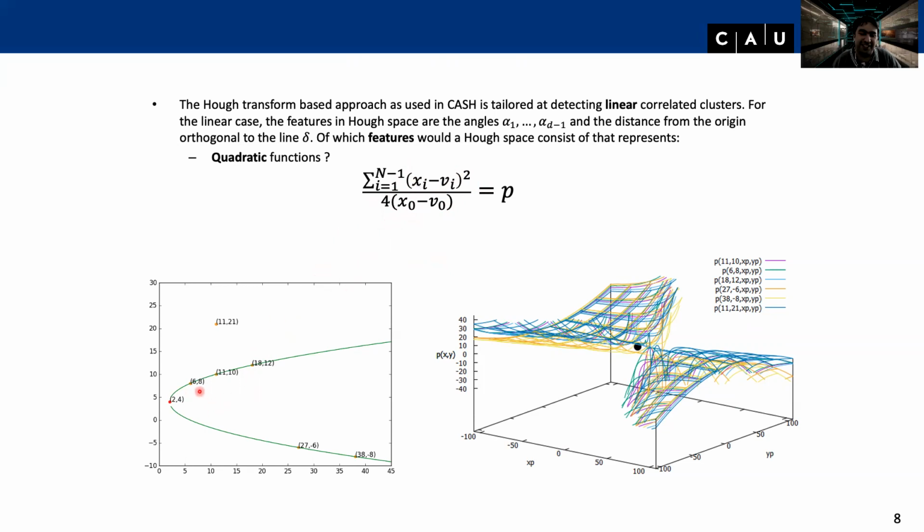So you take here, in this case, the y coordinate 8 minus the 4, the vertex's second coordinate. So 8 minus 4 is 4. Then you divide it by 4 times the first coordinate, 6, minus the first coordinate of the vertex, 2. So this is 6 minus 2, which is 4. 4 times 4 is 16. And we had 4 divided by 16. So you have here 1/4 as the opening p.